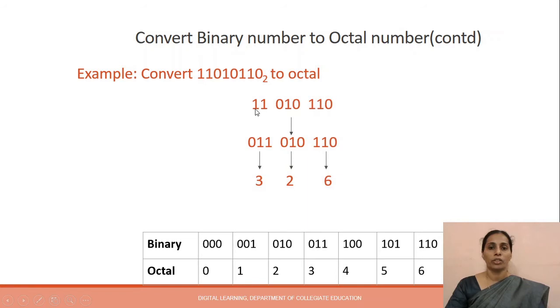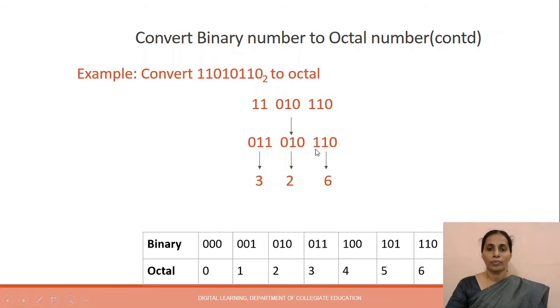Here in the third group we are having only 2 bits. So for making this a 3-bit group, we are appending a 0 in the front. So now all the bit groups are of 3 bits.